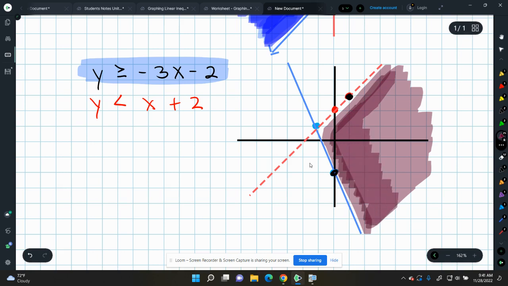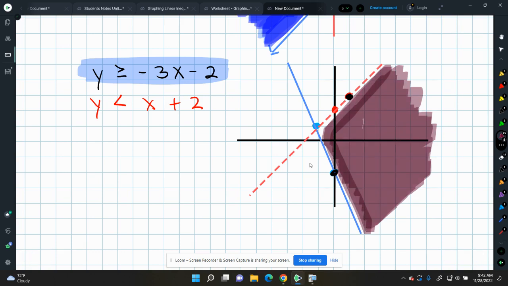When you're doing these systems of inequalities, sometimes when it falls on the line, it is a solution, and sometimes when it falls on a line, it's not. In this case, if it falls on this part of the line, the blue one, it is part of the solution. If it falls on the dotted line, it's not part of the solution. Great question. Any questions?